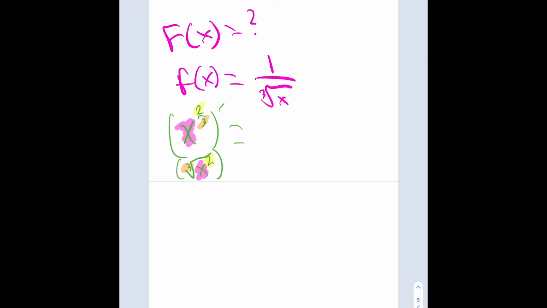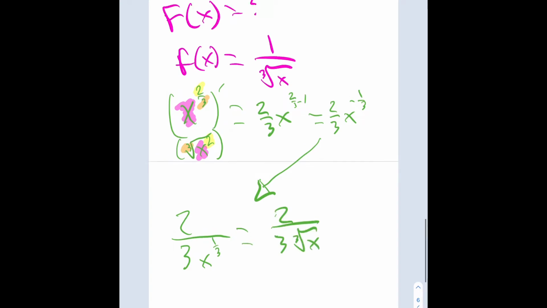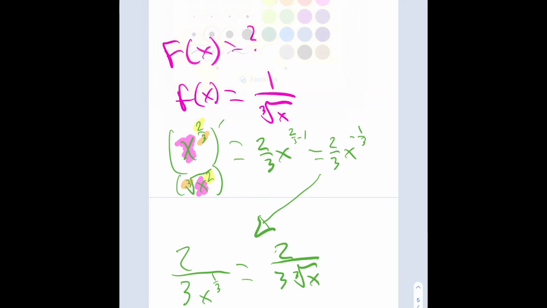Okay, so I'm going to operate off of the top function x to the 2/3 power, and if we were to find that derivative by using the chain rule, 2/3 minus 1 is going to give me a negative number. So this is going to equal 2/3 x to the negative 1/3, which, if I take it to the denominator, because we want to get rid of our negative exponents, I would have 2 over 3x to the 1/3 power, which would be like 2 over 3 times the cubed root of x, which again is very similar to what I'm looking for.